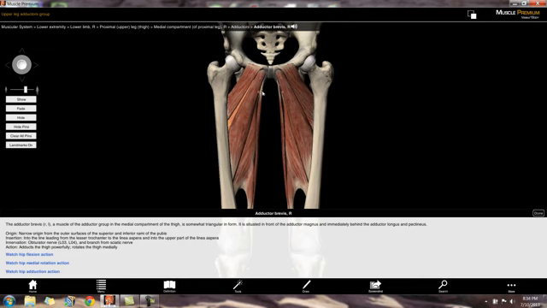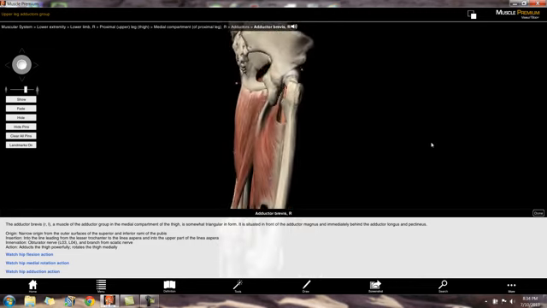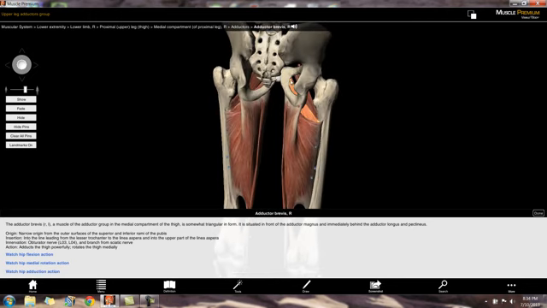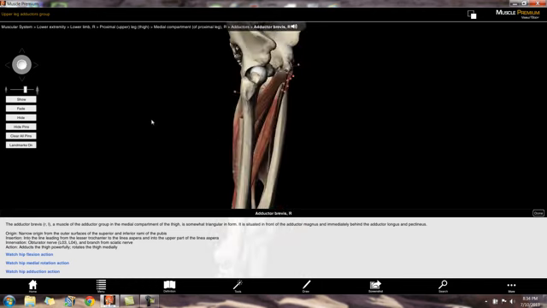And this muscle has an origin, it's kind of tough to see, on the superior and inferior ramus of the pubis, and inserts slightly medial to the linea aspera. And it's a rotator and adductor of the femur.